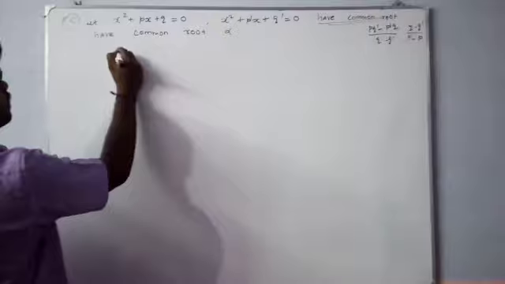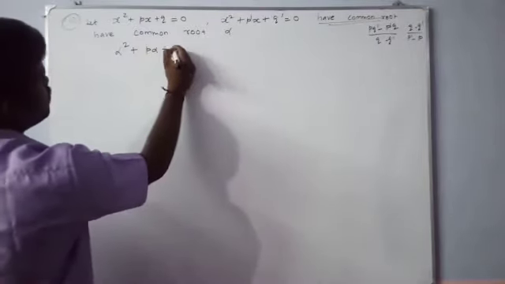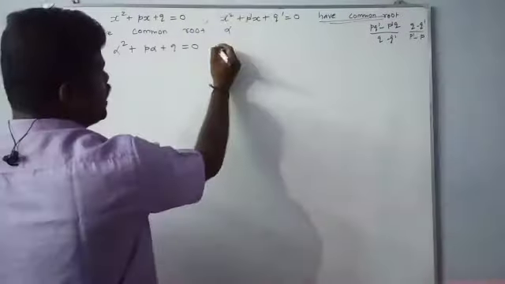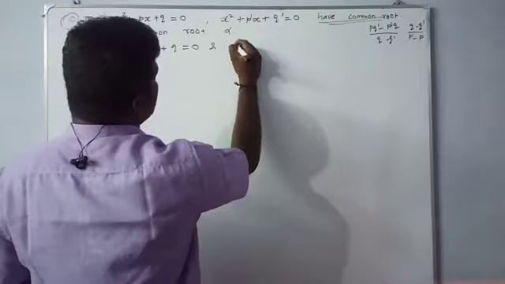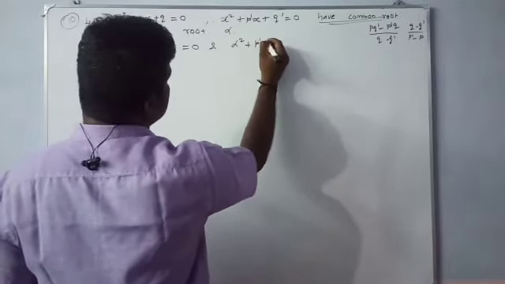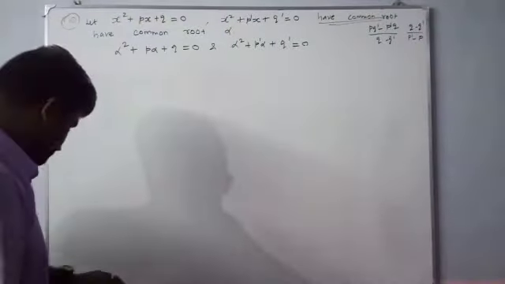So the answer must be alpha square plus p alpha plus q equal to 0. And this also has the common root. And alpha square plus p dash alpha plus q dash equal to 0.